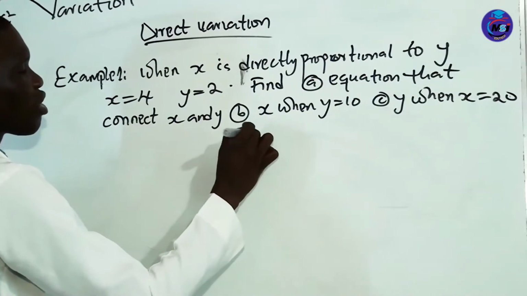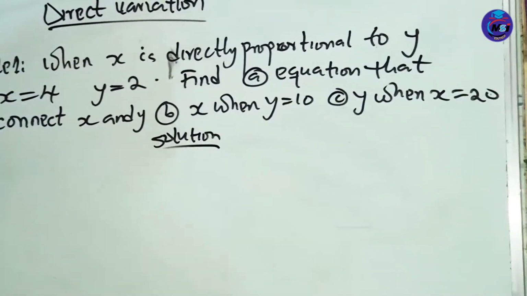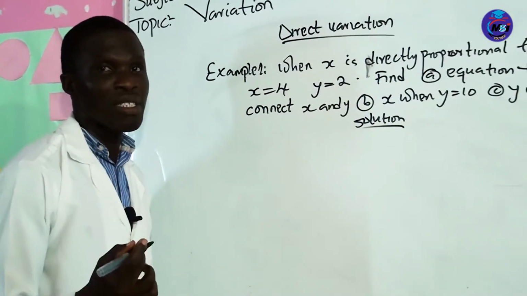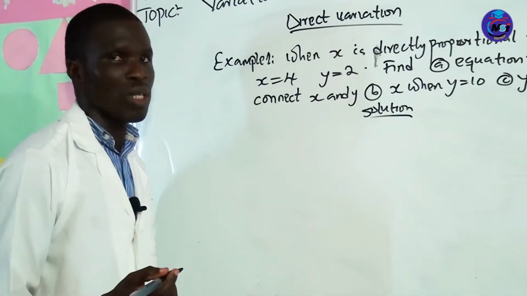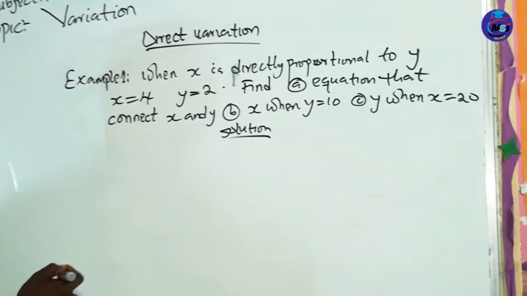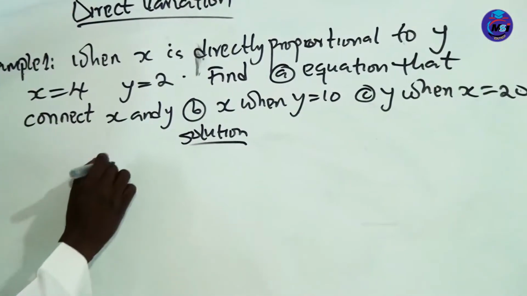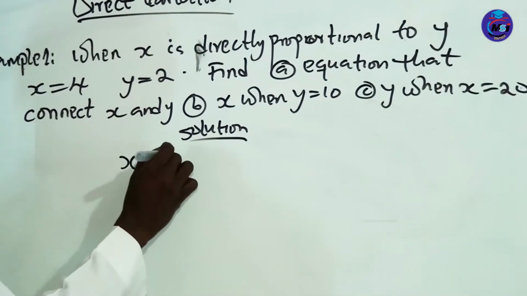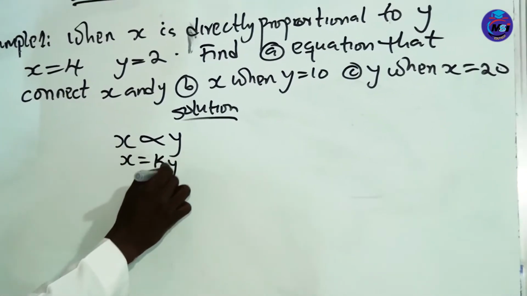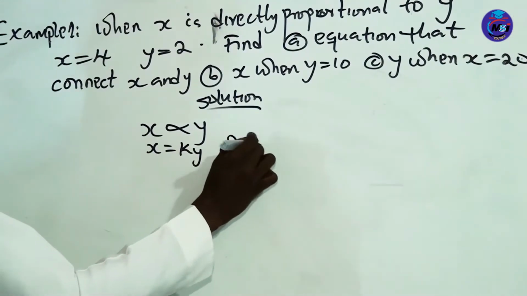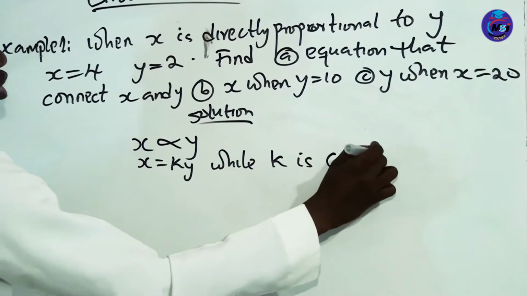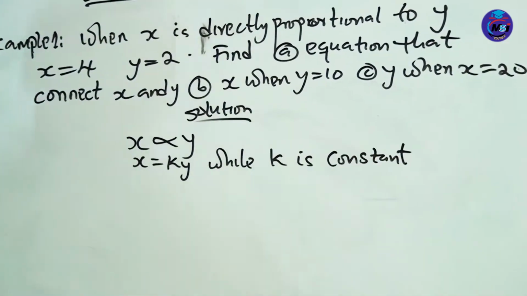So let's solve this question together. This really requires your patience and ability to interpret the question. X is directly proportional to y. X equals ky, where k is constant.